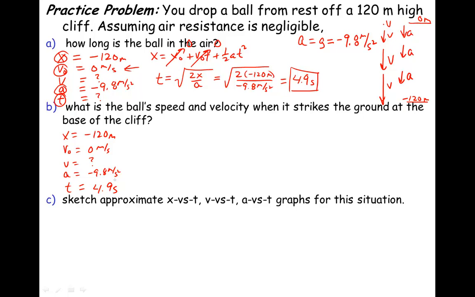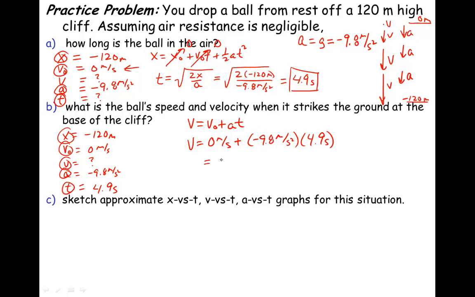So in this case, we know 4 of the variables, and we're looking for the 5th one. We can use a couple of equations, but the easiest one would probably be v equals v initial plus at, where our initial velocity is 0 meters per second. I'm going to add negative 9.8 meters per second squared times a time of 4.9 seconds.